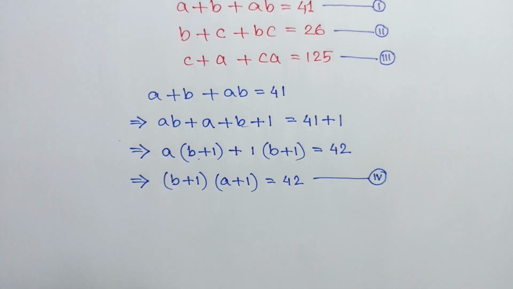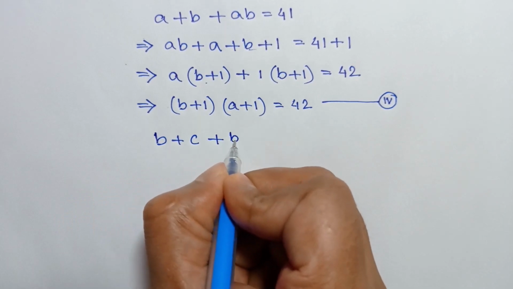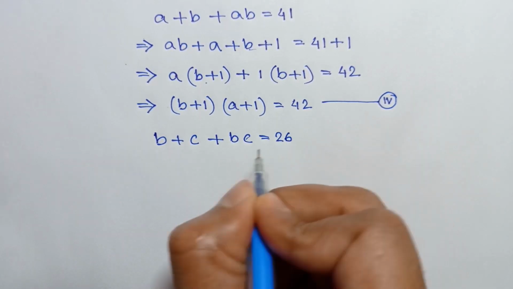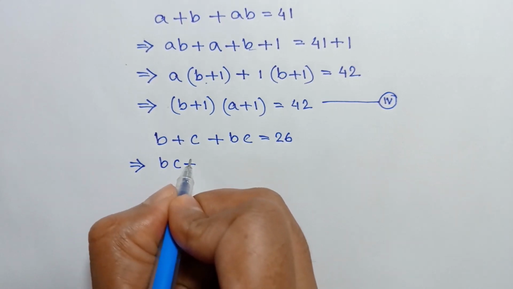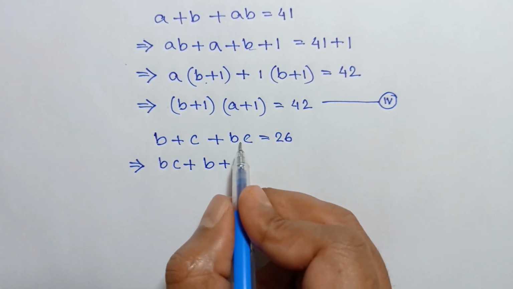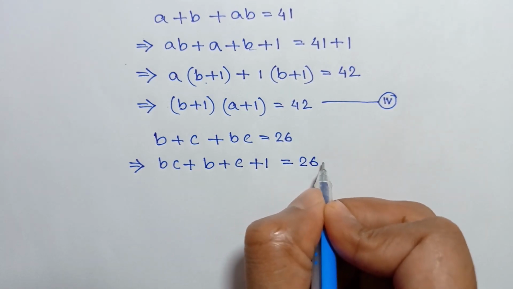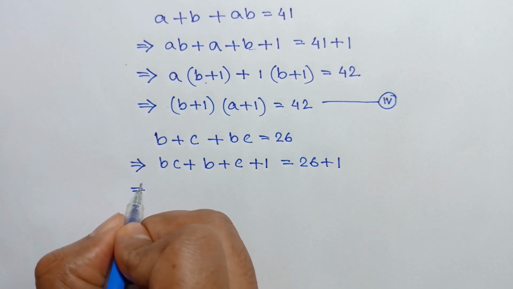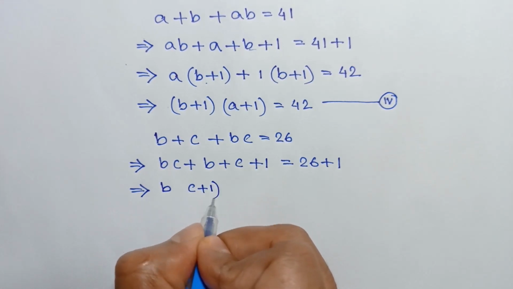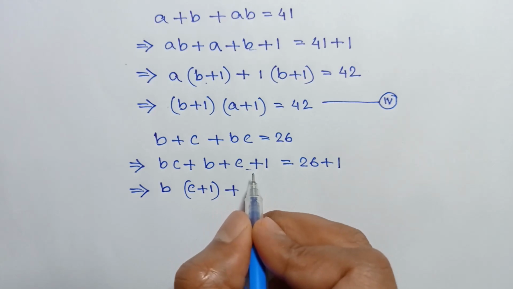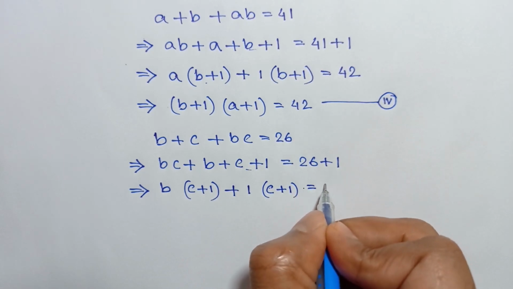Again from equation 2 we can write b + c + bc = 26, or rearranging it we can write bc + b + c, and adding 1 to both sides, + 1 = 26 + 1. Taking b common from the first two terms we can write b times (c + 1), plus 1 times (c + 1) = 26 + 1 is 27.